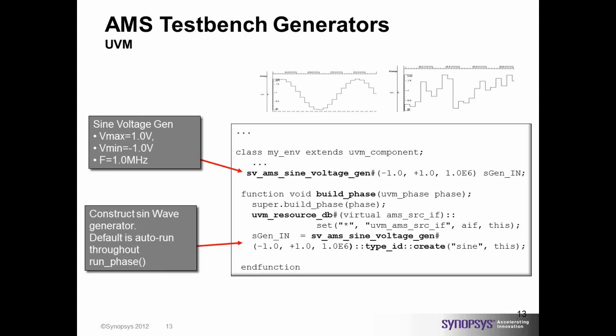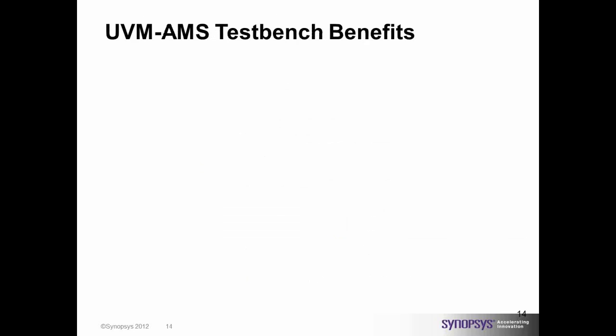Then you can do a lot of mix and match. You can add two waveforms on top of each other to, say, have sine plus noise simulation, or you can have a lot of modulated kind of waveforms, say amplitude shift keying kind of waveforms. But again, that's very subjective to a particular test bench.